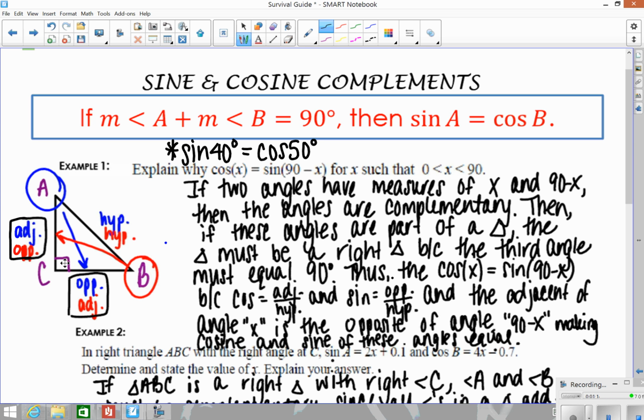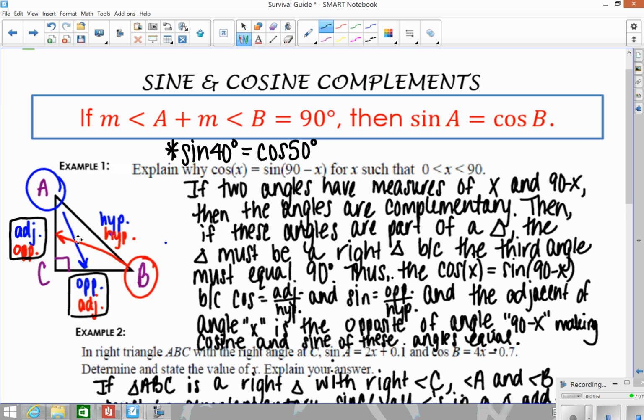And then when you look at this picture over here, the reason why sine and cosine of complementary angles are equal is, let's say I'm looking at sine of angle A. Sine of angle A is the opposite over the hypotenuse, and the opposite of angle A is the adjacent of angle B. The only difference between sine and cosine is that one is opposite over hypotenuse and the other is adjacent over hypotenuse.